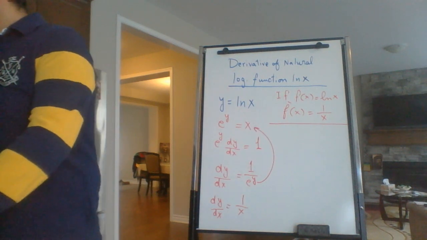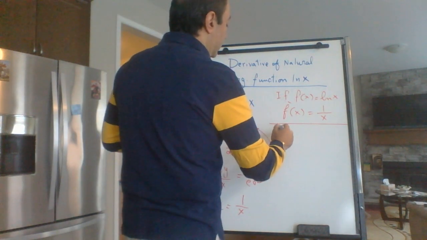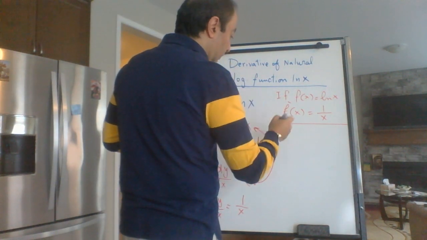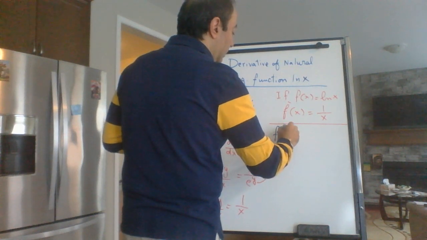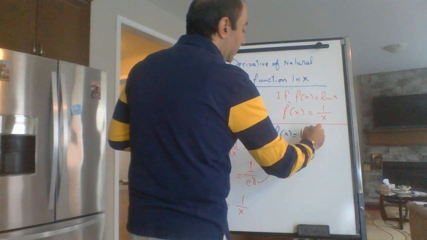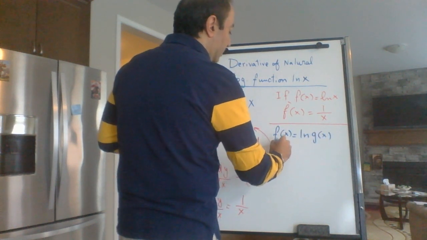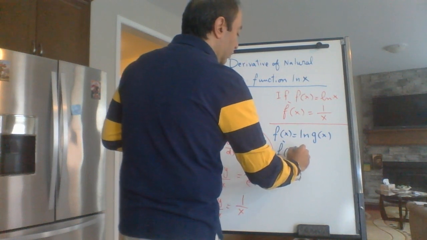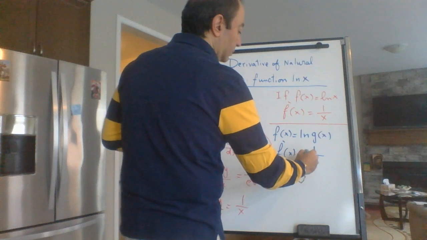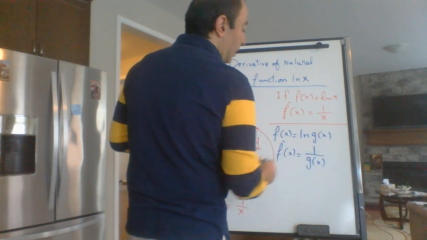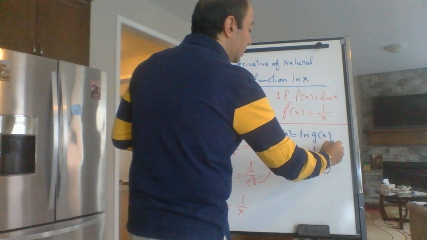Now, let us say I have f of x equal ln g of x. In this case, f prime of x would equal 1 over g of x, and we have to multiply by the derivative, g prime of x.